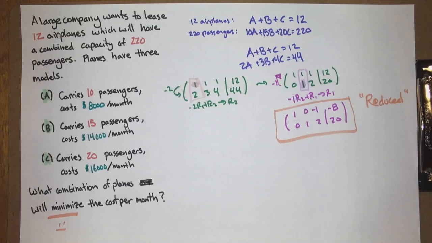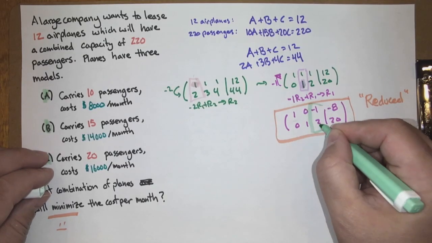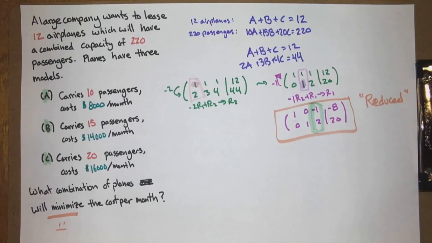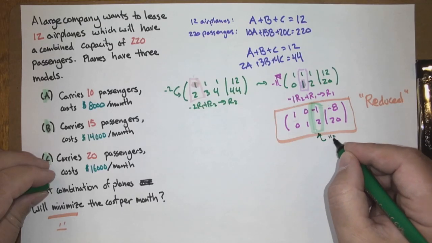Every entry either above or below that 1 is a 0. We have done Gauss-Jordan elimination. We're over. But there's a catch here. What do you see? There's this extra column. Now, when you see this extra column, remember, what does that tell us? It really says, hey, this is like a free choice.